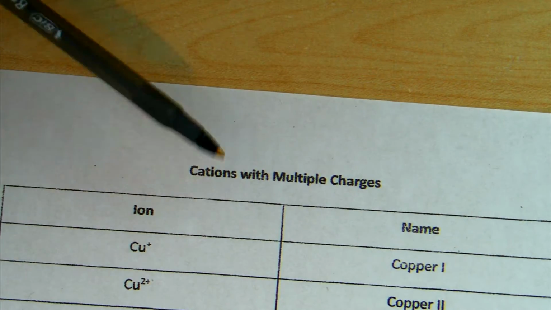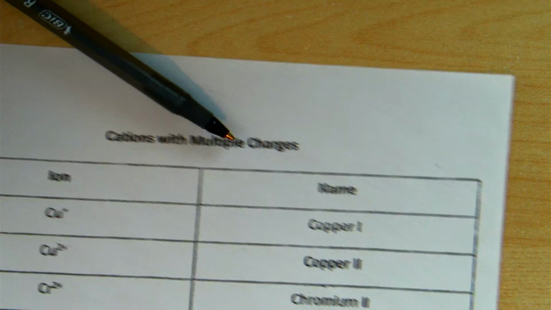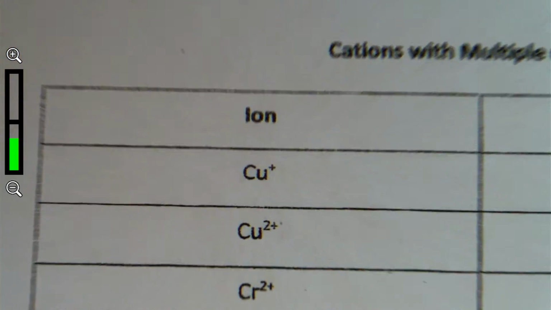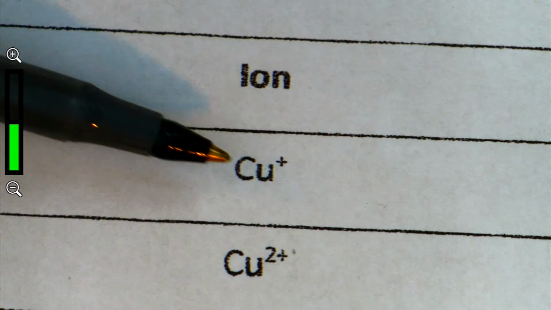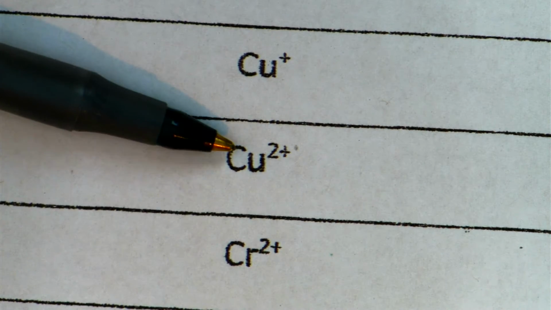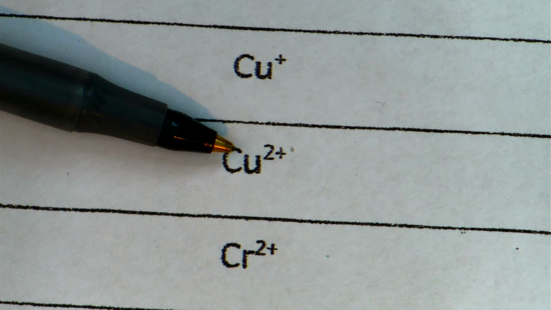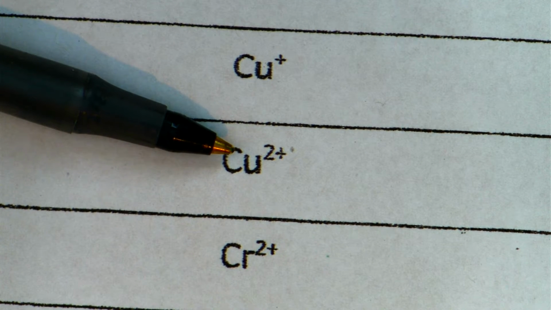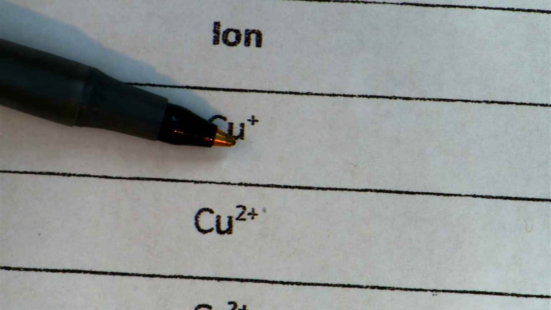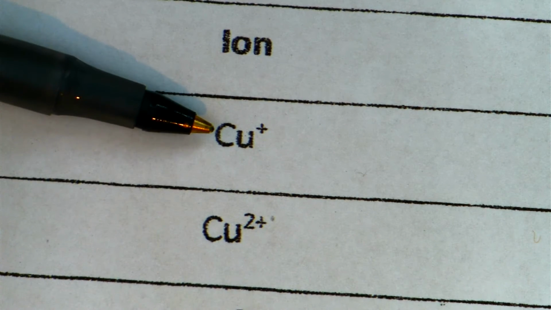But this list, cations with multiple charges, shows copper is willing to give up just 1 electron, but under other conditions, it'll give up 2 electrons. How do we tell them apart? Well, that's a skill you acquire from the start.